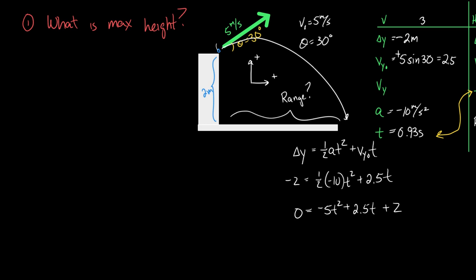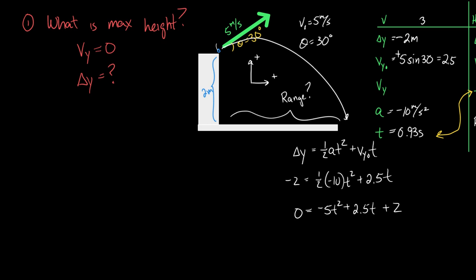That could be the maximum height. Now, max height occurs when Vy equals 0. In this problem, you would look for when Vy equals 0, and the question mark would be, what is delta y? Do you understand? You would not set the height to delta y. You would be finding delta y and setting Vy to 0, right?